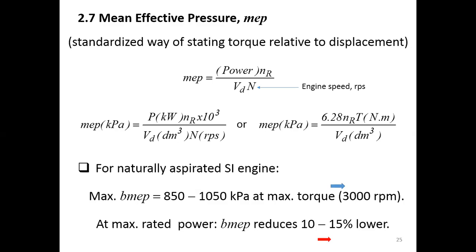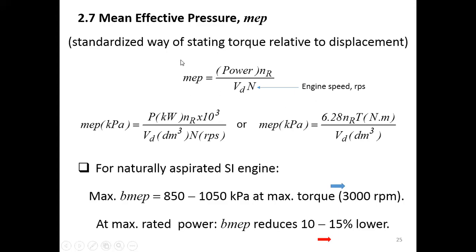So which one is the best? We don't know. Which one is better than another one? We don't know. So we use this parameter, the mean effective pressure, to be able to compare, when we have the ratio of the torque relative to the displacement.